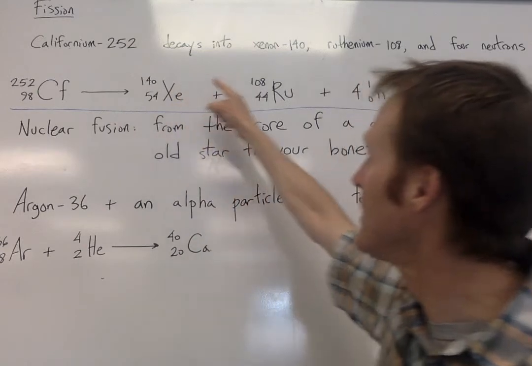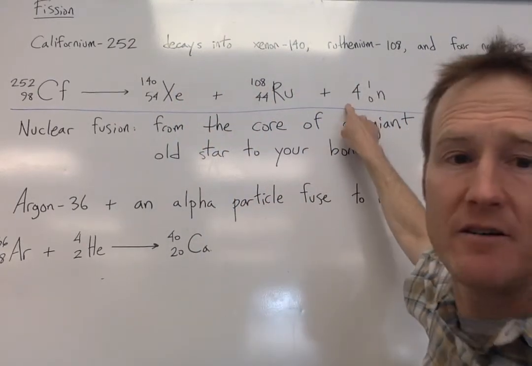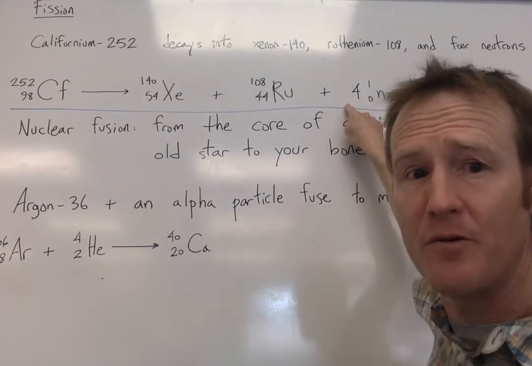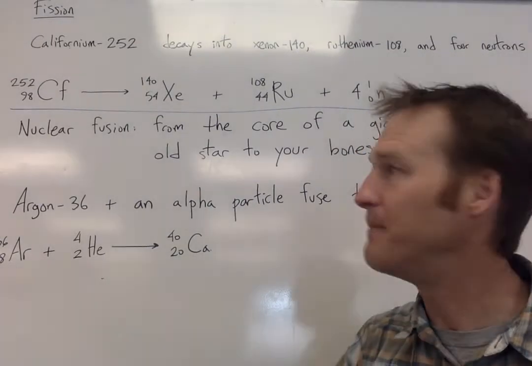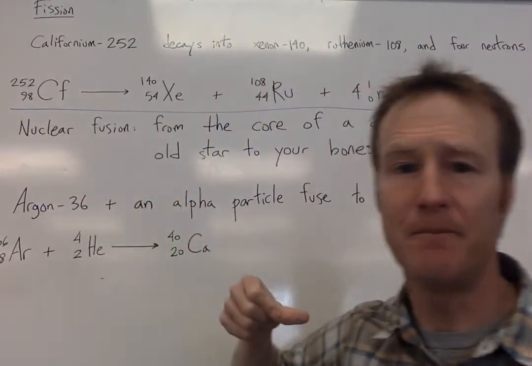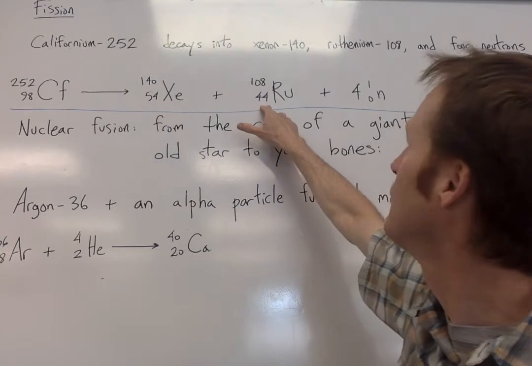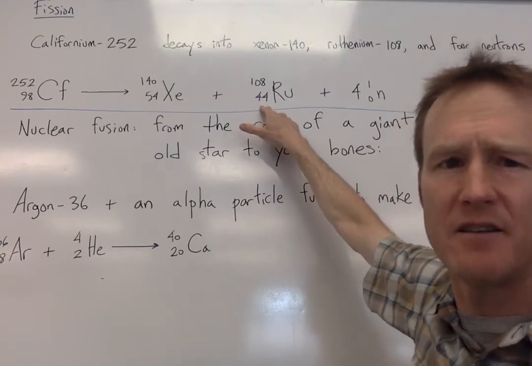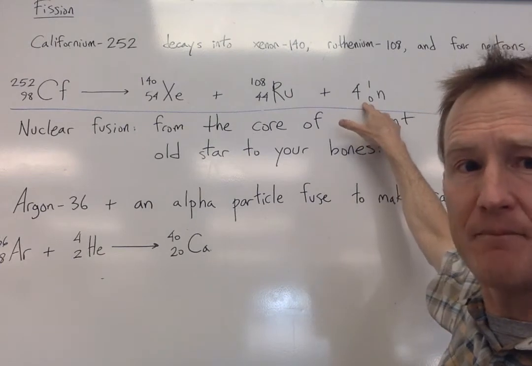The numbers across the top must always add up. Notice I put a 4 right here. It's a coefficient. I'm saying 4 neutrons. The numbers across the bottom always add up. Californium, 98. 54 plus 44 is 98. Oh, what about the neutrons? Don't worry about them.